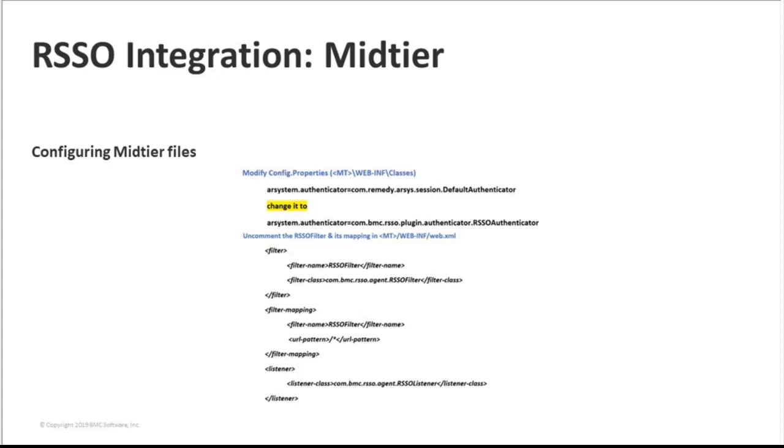The filter name in the Midtier's case is RSSO filter. As you can see on this slide, the RSSO filter is com.bmc.rsso.agent.rsso filter, and then it has a filter mapping of / and asterisk, which means any URL that comes from Remedy, from Midtier, will be protected by a WebAgent application, and it will be redirected to Remedy SSO.